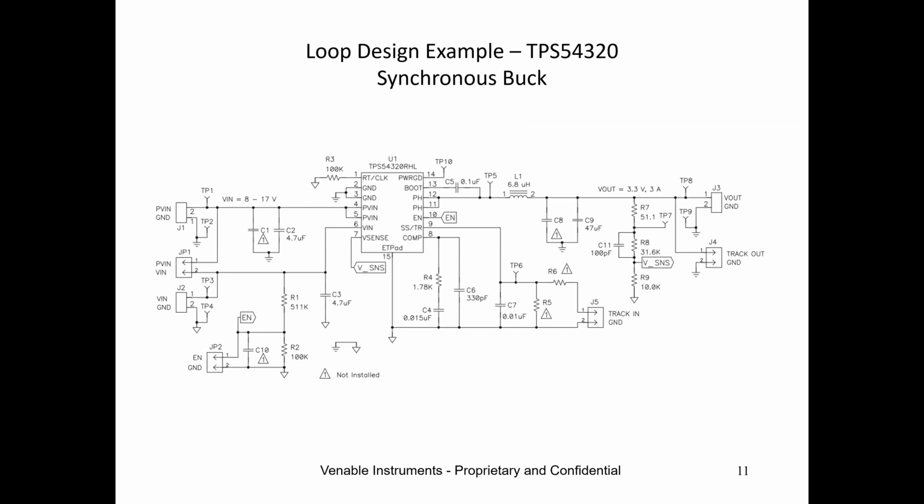Okay. And this is a demo buck that I've used to demonstrate how to measure feedback loops. And here again, what I was talking about earlier, R7 at the top here, this is where you would inject between test point 8 and test point 7.